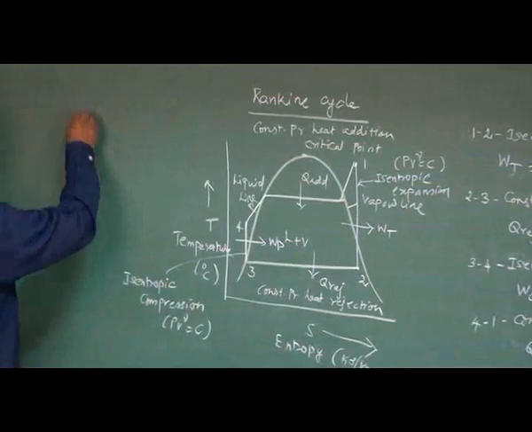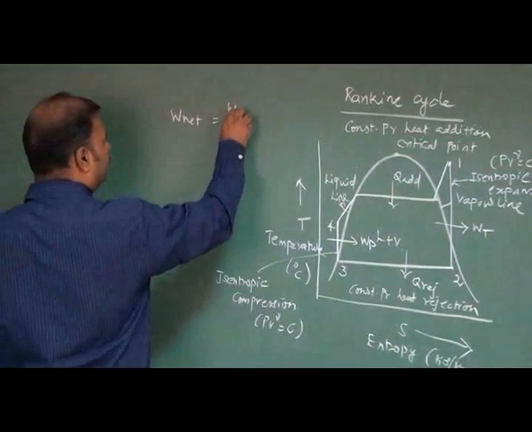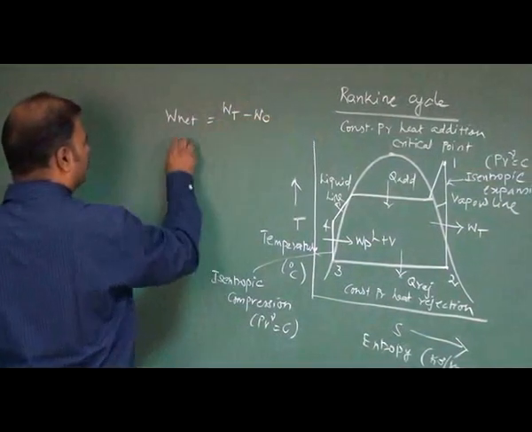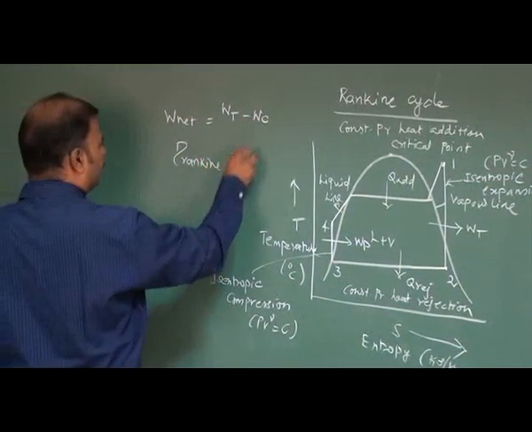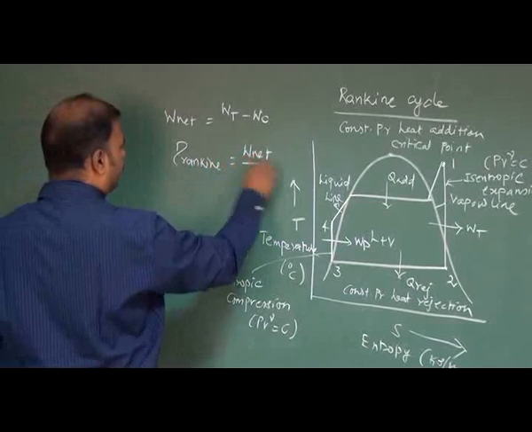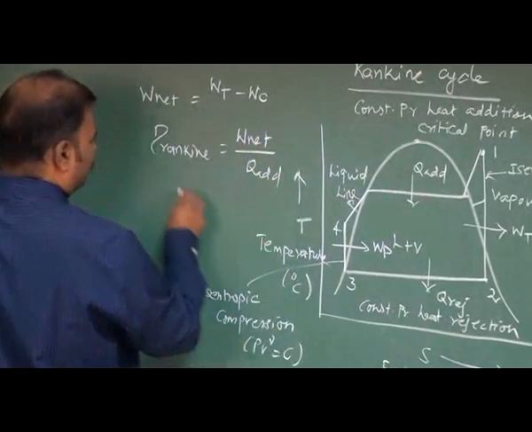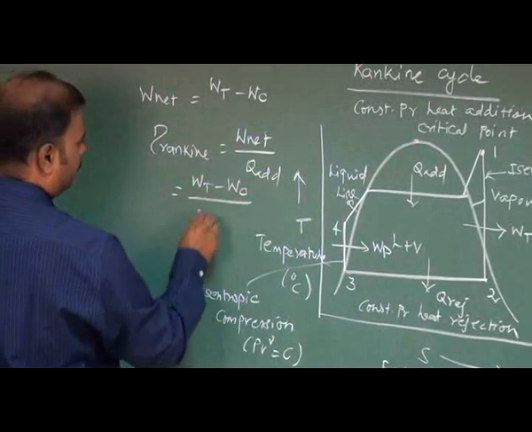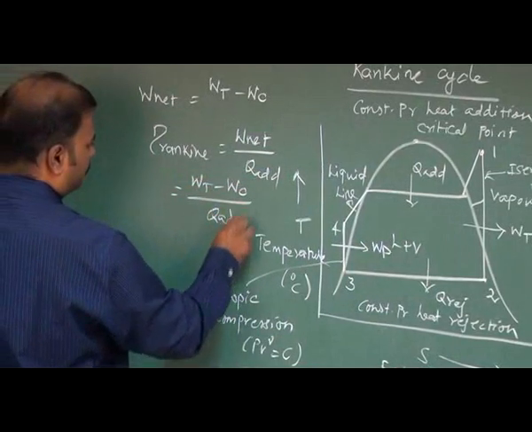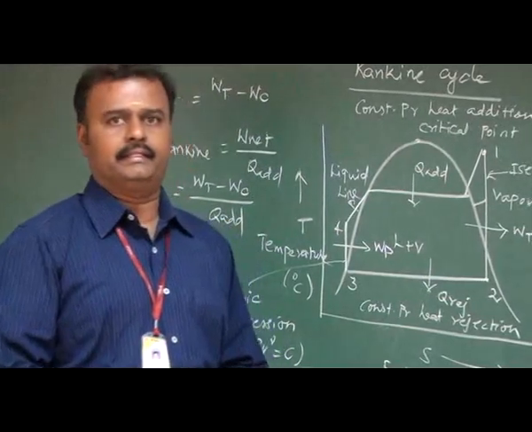Normally W net equals WT minus WC. The efficiency of the Rankine cycle is calculated as W net divided by heat addition, so it is WT minus WC divided by heat addition. So this is about the working of a Rankine cycle.